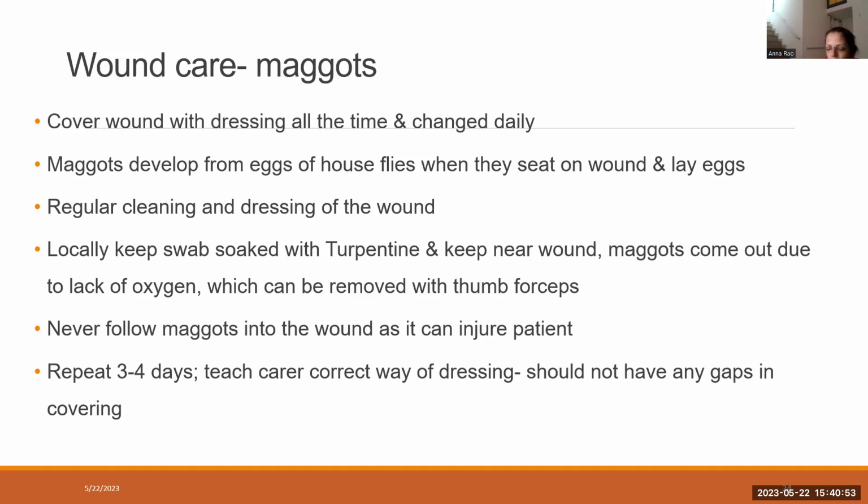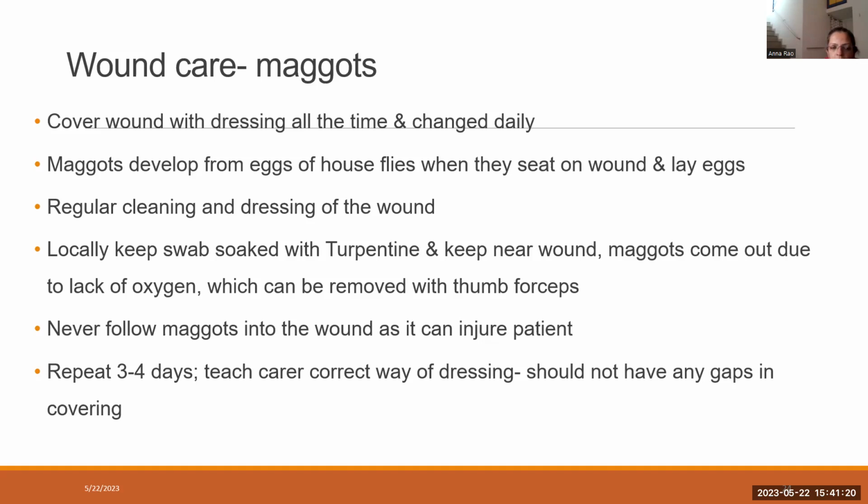At that time you have to catch them. And you have to remember one more thing, not to follow the maggots into the wound. Otherwise, the tip of your thumb forceps will injure the minute capillaries lying there. So we don't want any further injury of the wound.